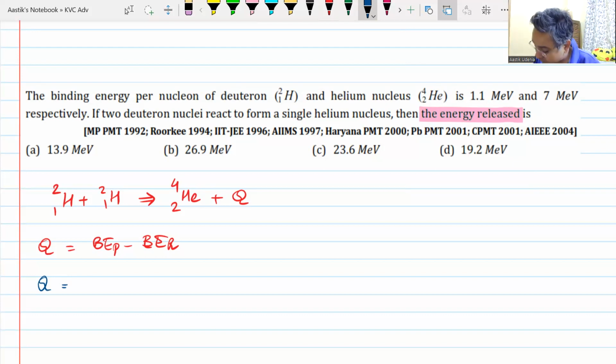There are 4 nucleons, so 4 into 7, minus the binding energy of a single deuteron, which is 2 into 1.1, and then there are two deuterons, so 2 into 1.1 into 2. That will give us the Q value for this reaction, and you will see that the Q value of this reaction is coming positive.